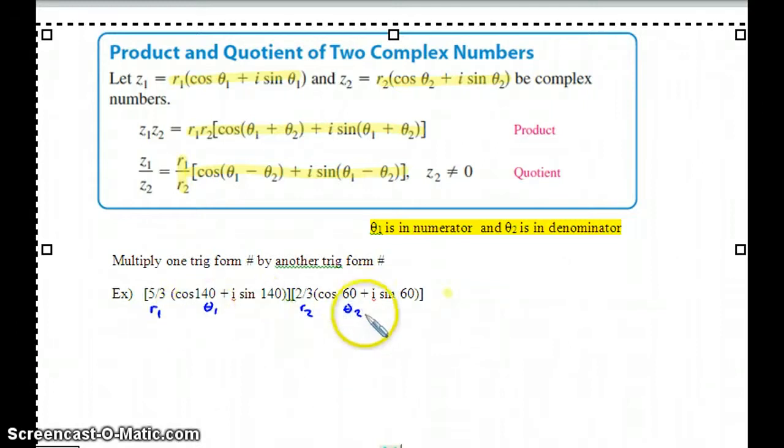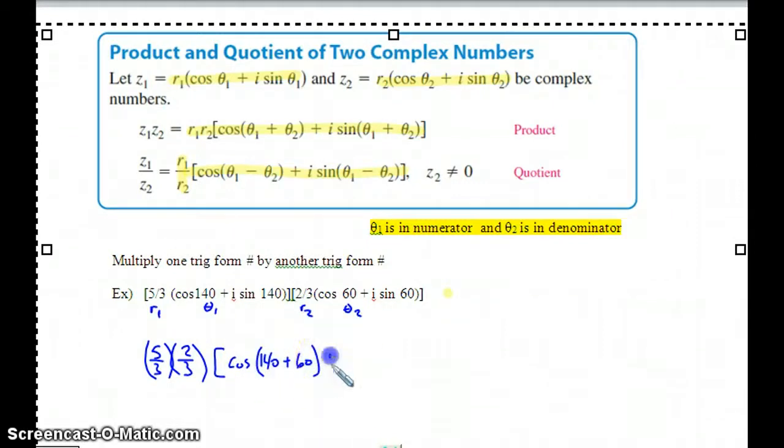So when I actually compute this, I'm going to do R1 times R2. So R1 times R2 times the cosine of theta 1, which is 140 degrees, plus theta 2.